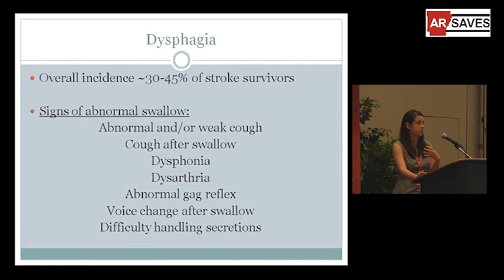Also, something that's not listed here is somebody who has facial weakness and is pocketing their food. They're also at increased risk of aspiration if they have facial weakness causing pocketing of their food.